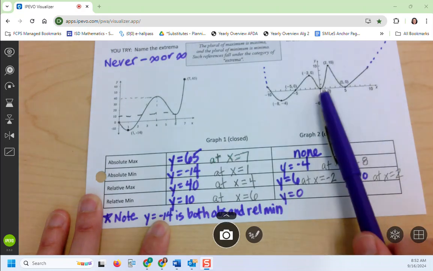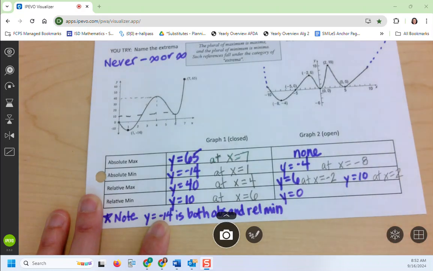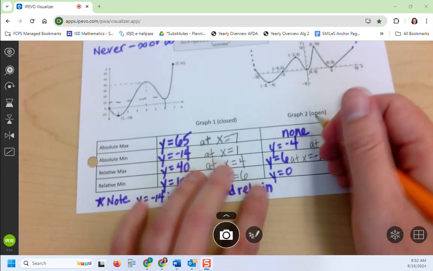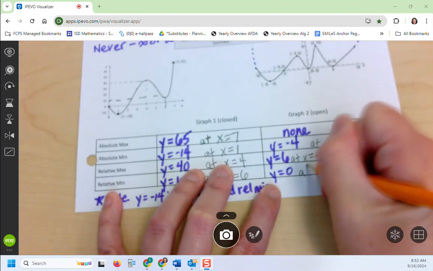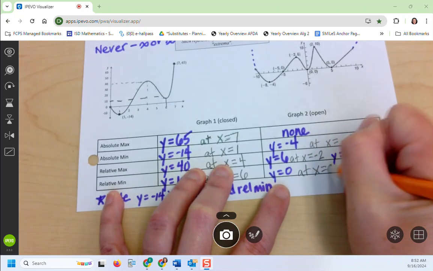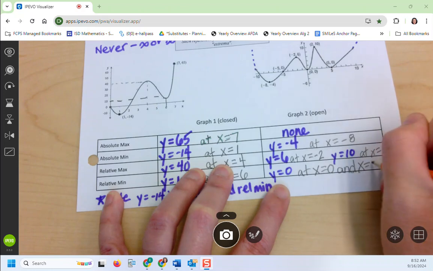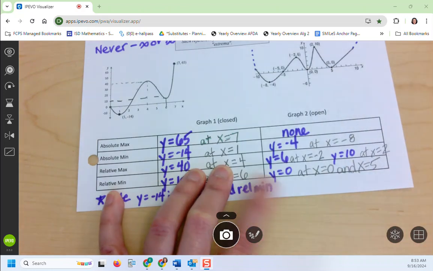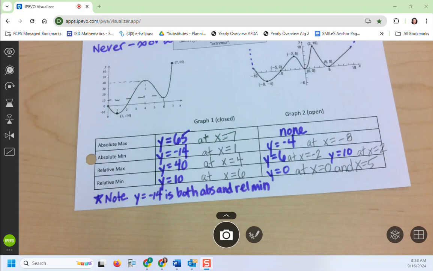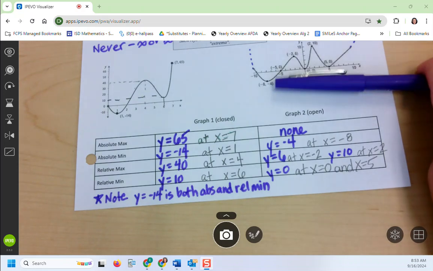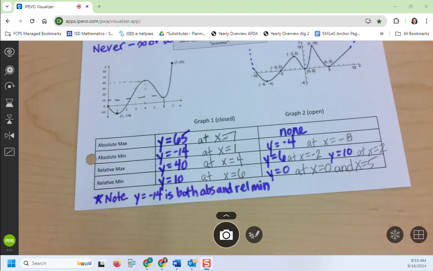Y equals 0 at x equals 0, and y equals 0 at x equals what? 5, yeah. So y equals 0 at x equals 0 and x equals 5. Okay, so y equals 0 is our relative minimum. Now, if you also wrote y equals negative 8, you're not wrong. I'm just saying you don't have to write it again for my purposes, okay?